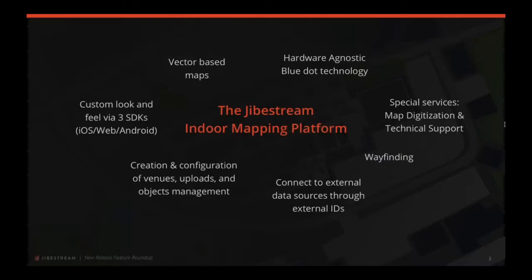We provide special services, so map digitization, including updates, major map changes, that sort of thing, as well as technical support, training on map changes, training on our CMS, as well as the SDKs. The platform provides wayfinding. You can connect to external data sources through external IDs. For example, data sources like parking information, and integrate that into the mapping platform.